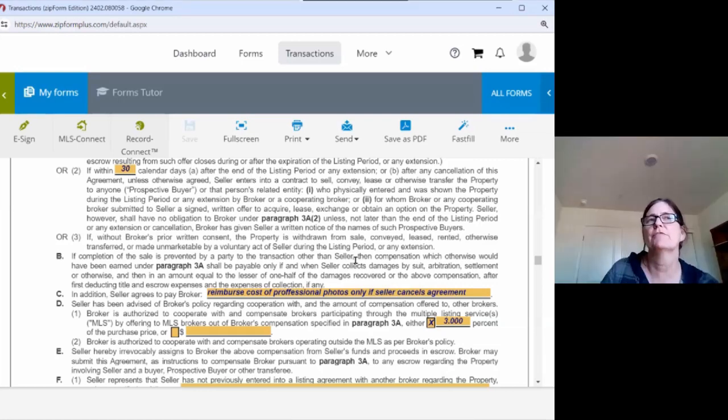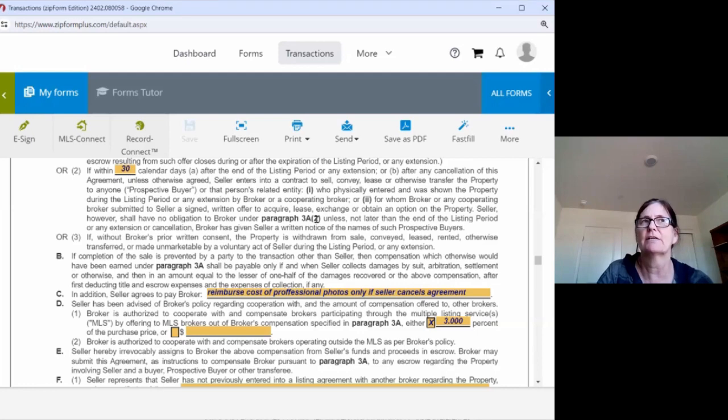Yeah. So if you have a listing and it expires, and you had these people come in and see it, these people came to the open house, these people submitted offers but they weren't accepted, you can put a list of all of those people. So the list can be as big as you want it to be. But it has to meet the criteria that they physically entered and were shown the property, or they submitted an offer.